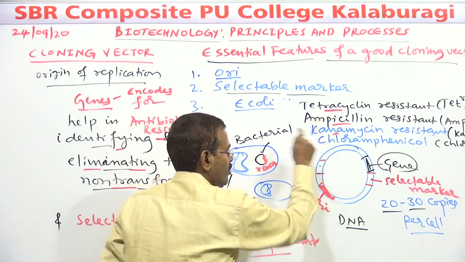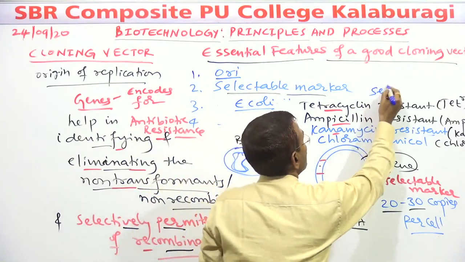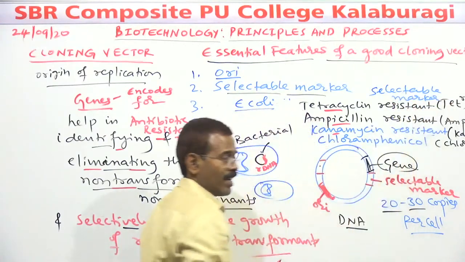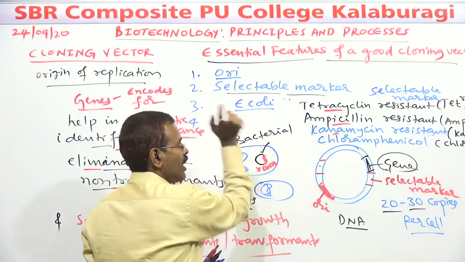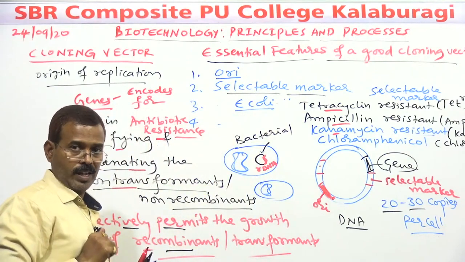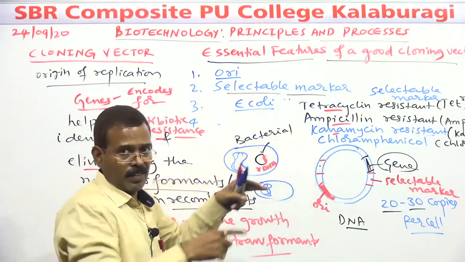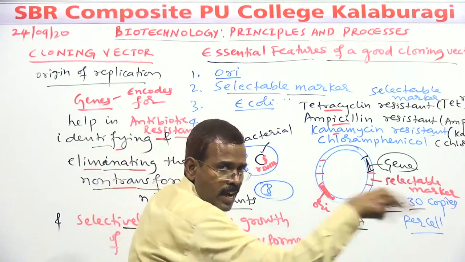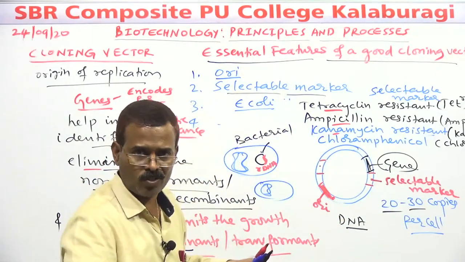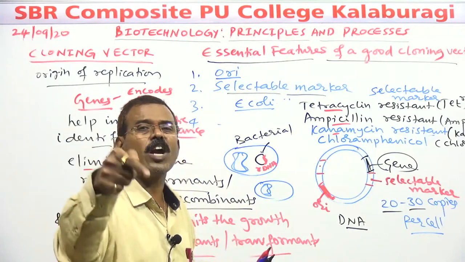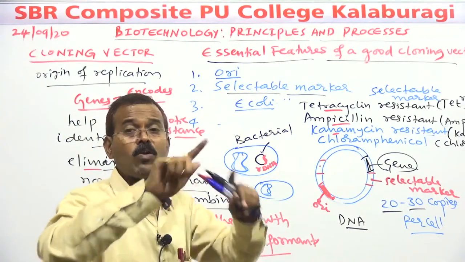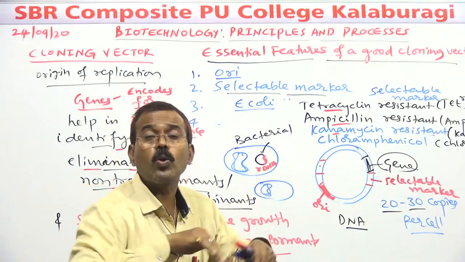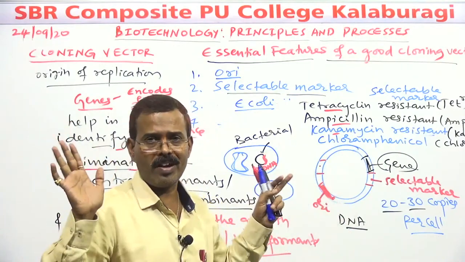These antibiotic resistant genes used as selectable markers are found to be effective in E. coli. So these selectable markers, that is antibiotic resistant genes, help in identifying and eliminating or removing non-transformed host cells or bacterial cells from recombinant or transformed bacterial cells. Means the host cell having foreign DNA in it can be separated from other host cells which do not have foreign DNA or recombinant DNA in them.